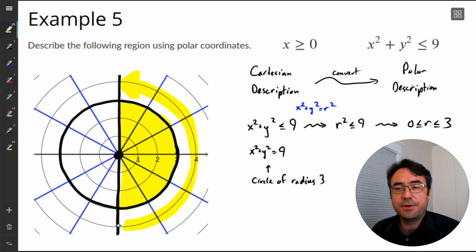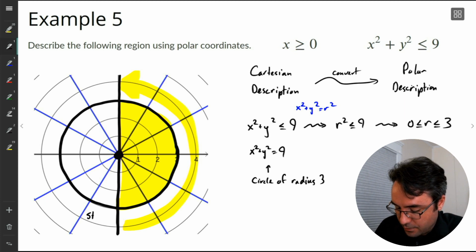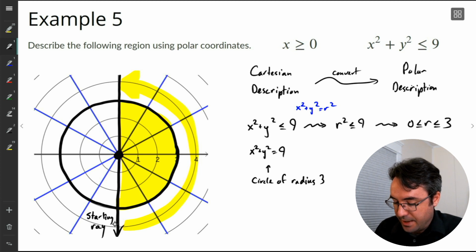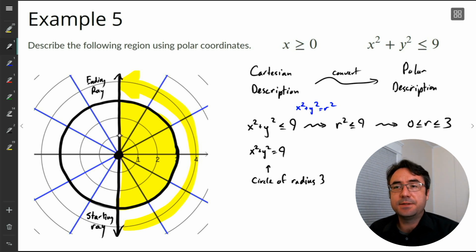This would be our starting ray, so we start over here, and then we go around and end up here, which is our ending ray. So we need to find the theta value for this ray down here and this ray up here.